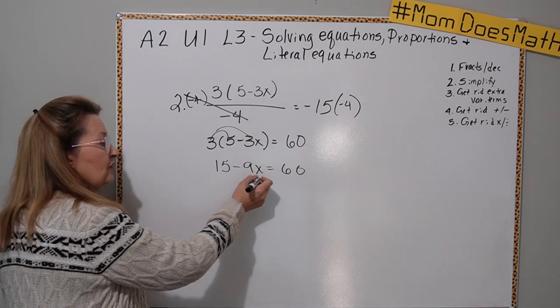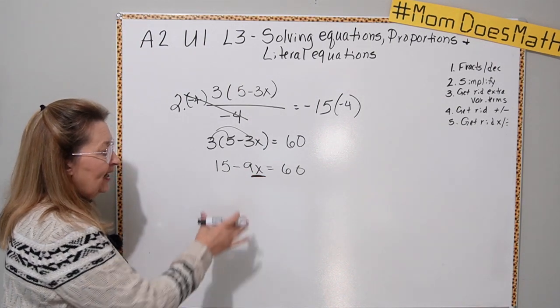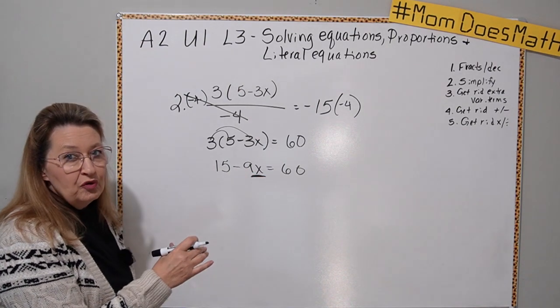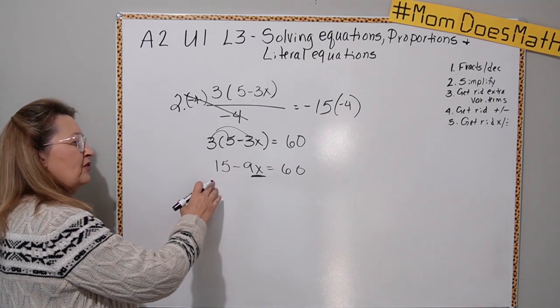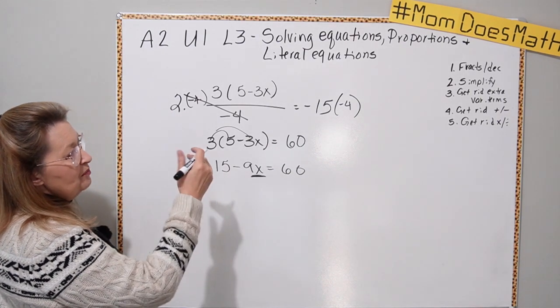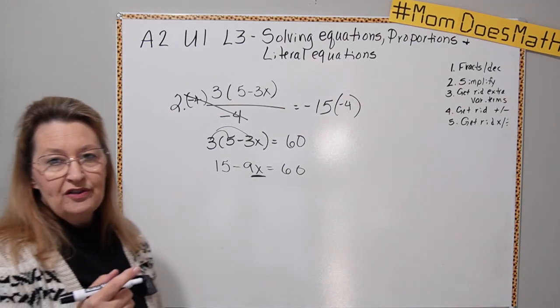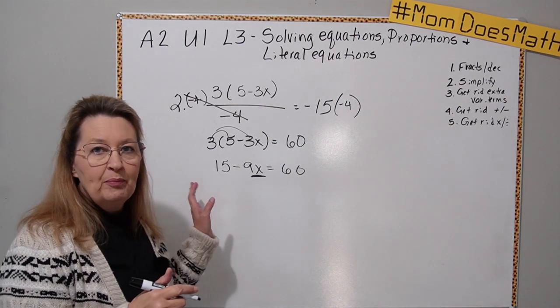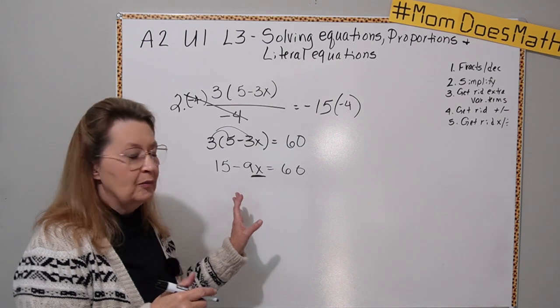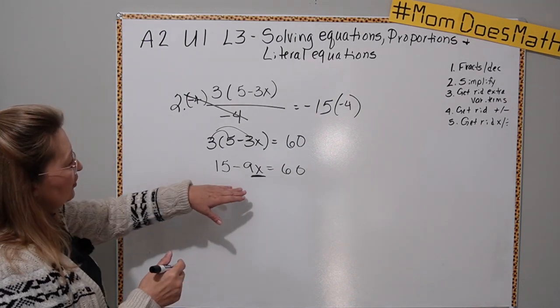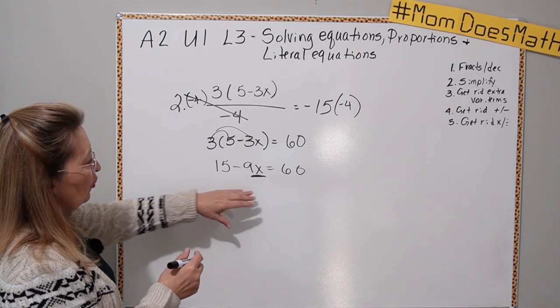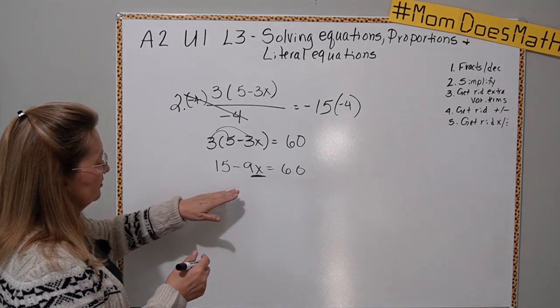Now, look where your variable term is. It's in an unusual place. Usually your variable term's over here, but remember, your best practices refer to things by how they are joined to the variable term, not by what position they're in the problem. So the next thing I want to do is get rid of any numbers that are joined to my variable term by addition or subtraction.